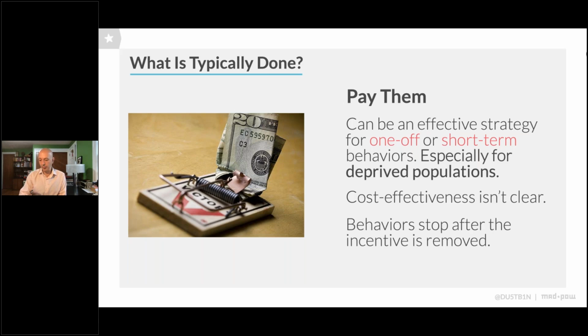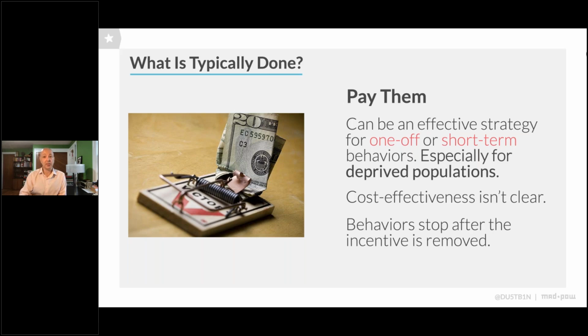One more area where there are a lot of interventions and strategies being deployed is the focus on incentives and rewards, and simply, can we pay people to do this, that, or the other thing, to be more healthy?